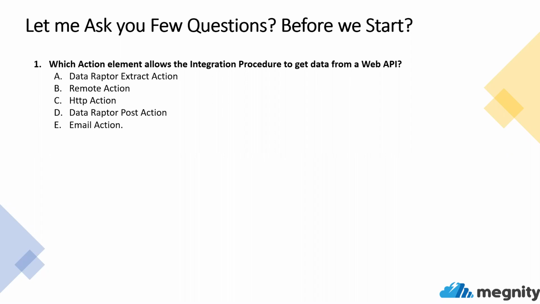There I can call the Apex, and usually we do call an Apex, and there we are calling a web API. Sometimes he said. So remote action is also another option. From there we can call Apex, and from there we can call the web API.